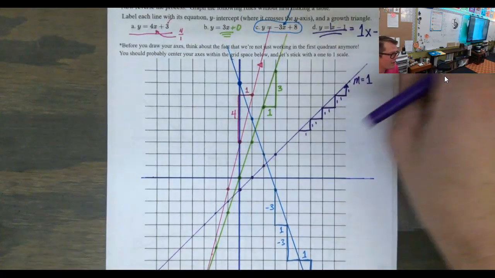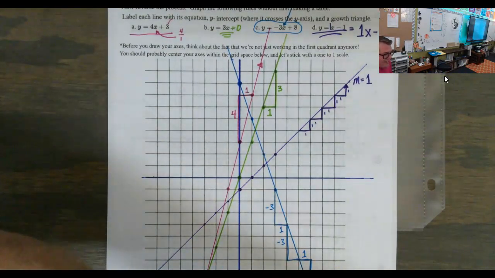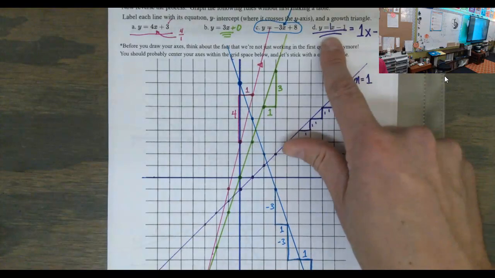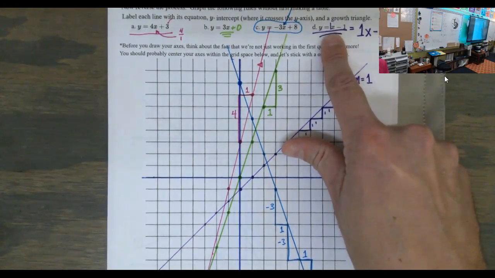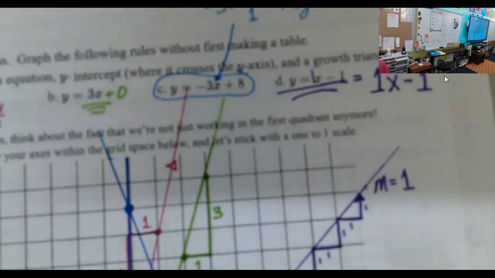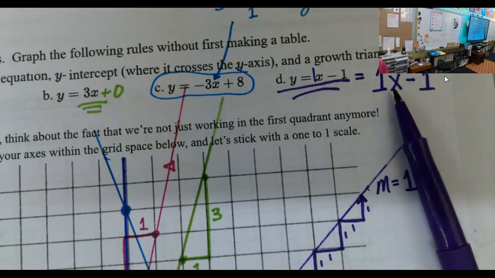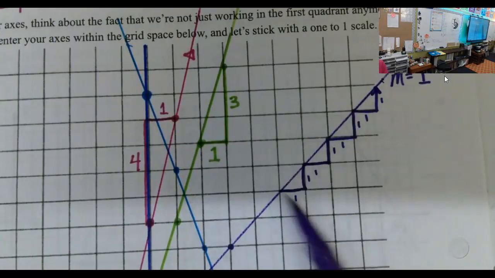How is 1 Mr. Waterwash today?" 1 Mr. Waterwash is my favorite person. It's silly to always say 1. 1 is like assumed. So we don't have to write the 1, but we need to pay attention. If they don't show the 1, we got to remind ourselves, oh yeah, that's 1. So my slope is 1.